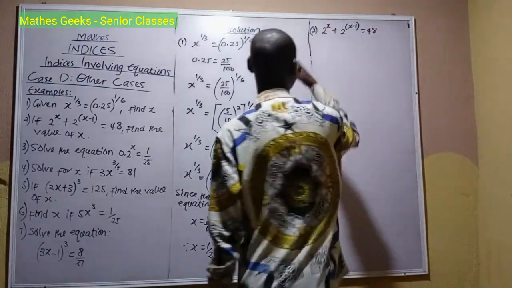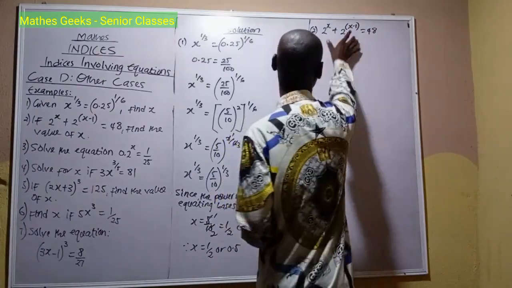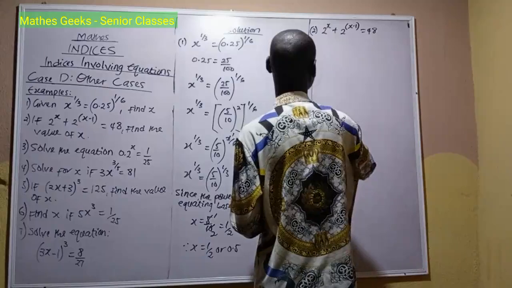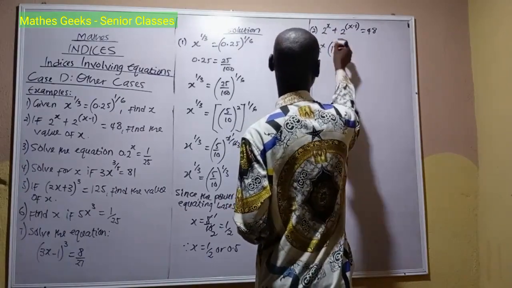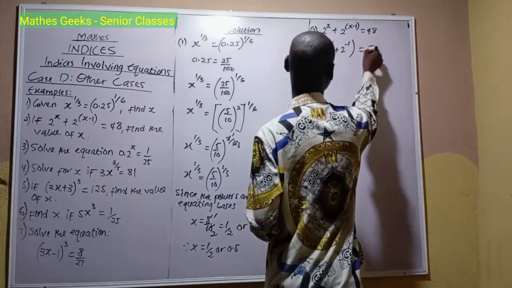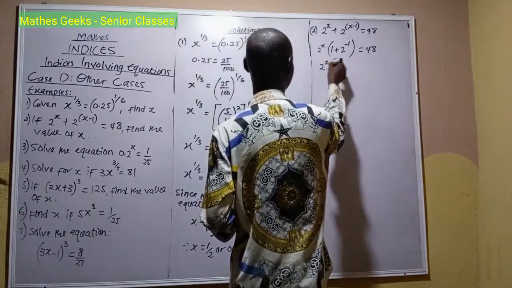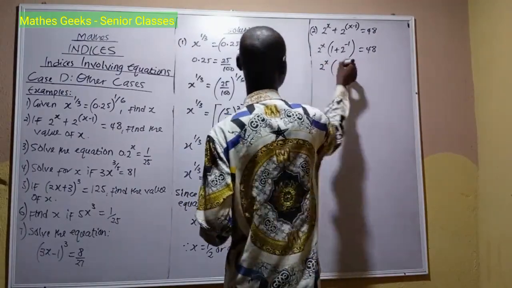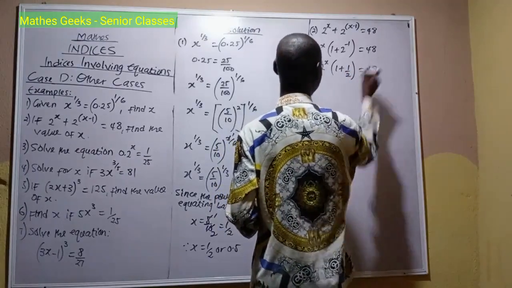So we factor 2 raised to the power x out: 2 raised to the power x times 1 plus 2 raised to minus 1 is equal to 48.